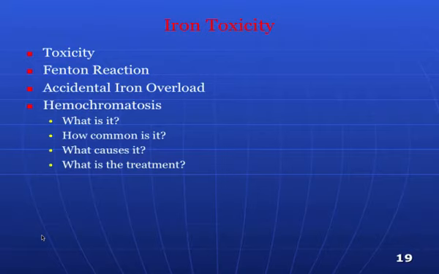And the reason it can be toxic is because it can function as a pro-oxidant. Its toxicity is because it can function as a pro-oxidant. So it oxidizes and damages other molecules if there's too much iron.